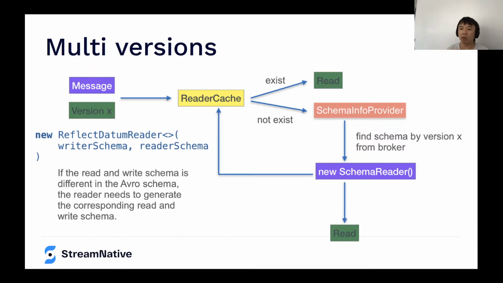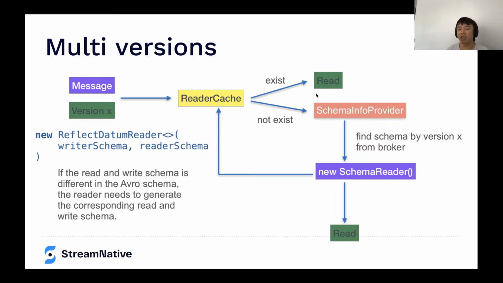When a consumer receives a message, it gets the schema version from the message metadata, then checks in the schema reader cache whether the schema already exists. If it already exists, it uses the schema information to deserialize the message into the right structure. So this is the happy path.